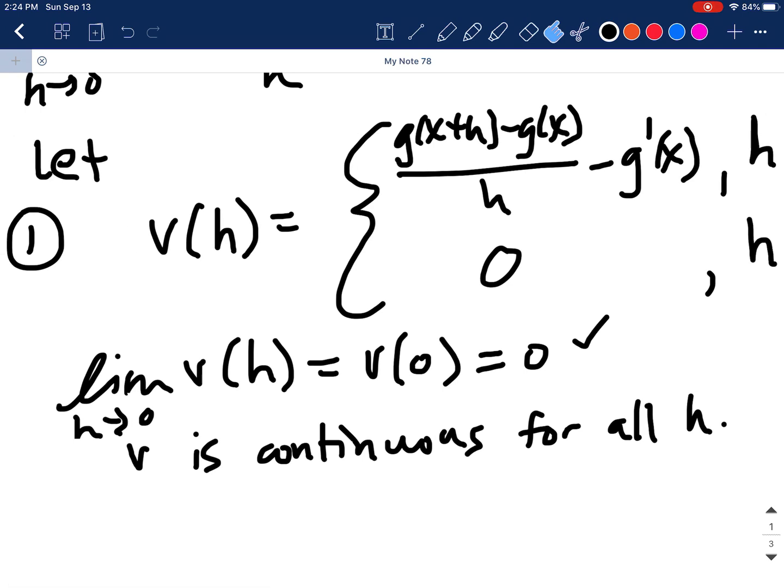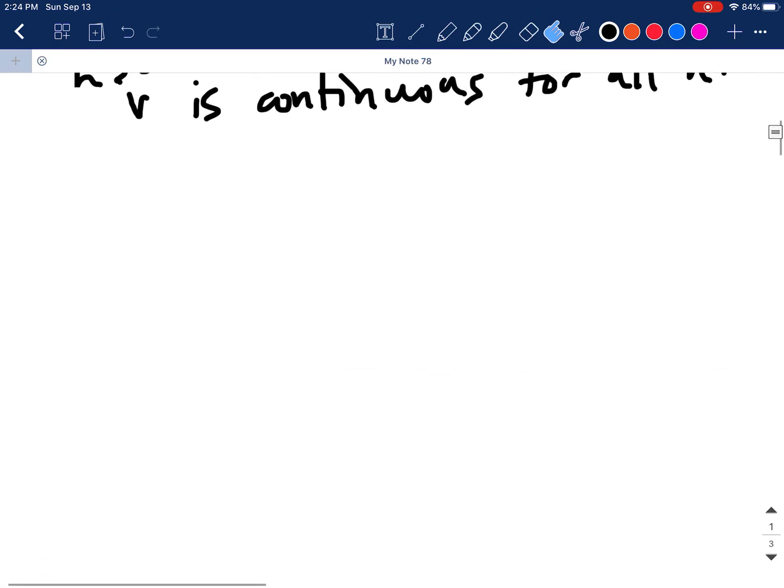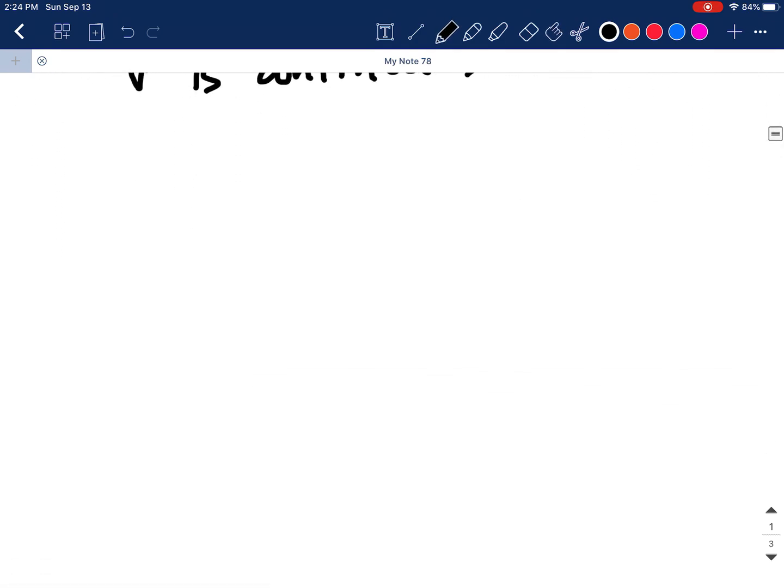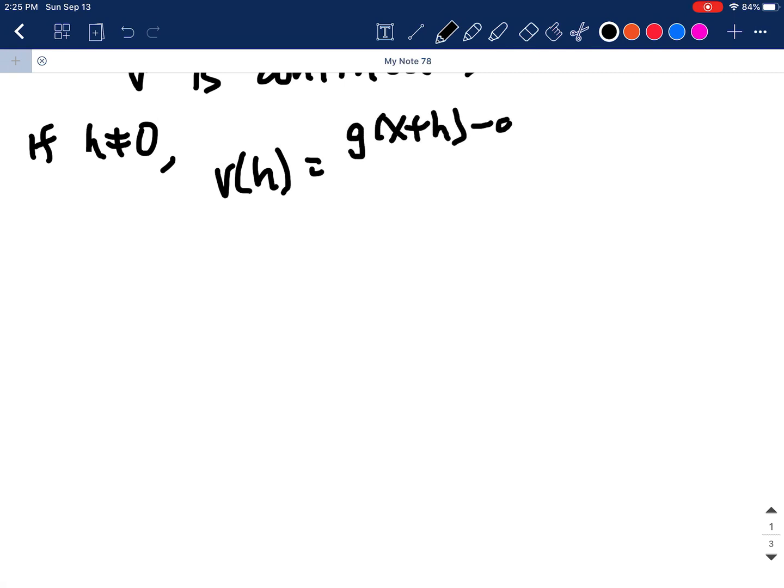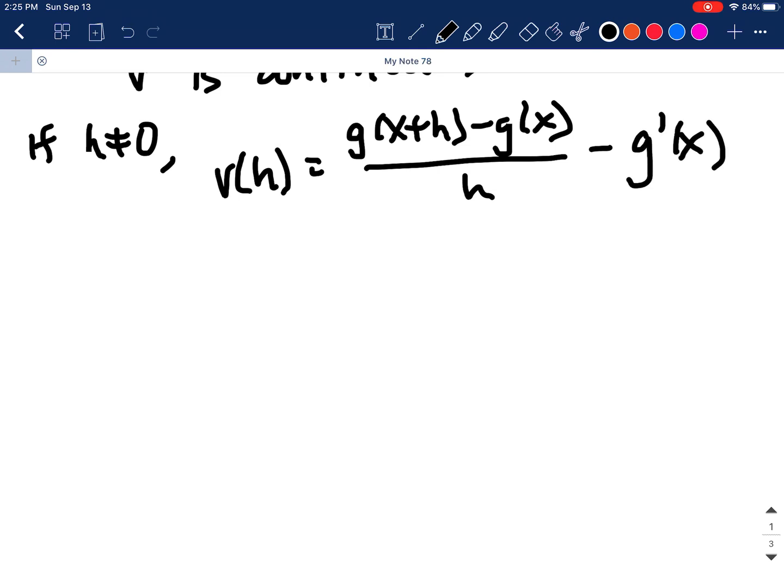So now we're going to take that function expression. Note, if h is not 0, v of h is equal to g of x plus h minus g of x all over h minus g prime of x. We're going to take that top expression for our piecewise function and manipulate it a little bit more. We're going to take the g prime of x and add it over.